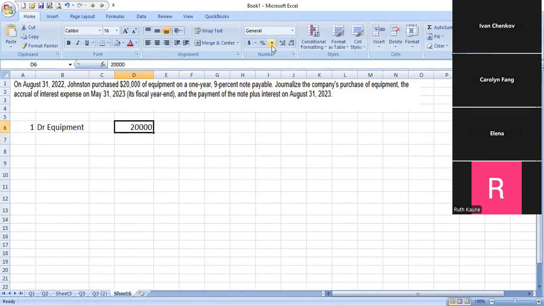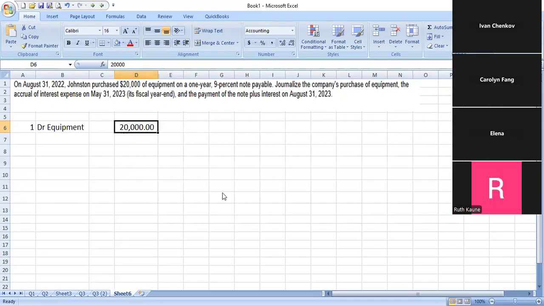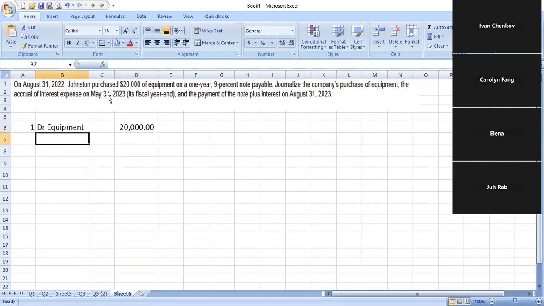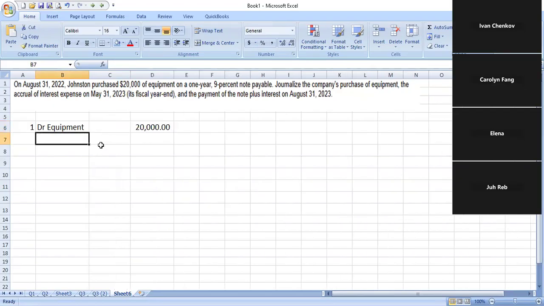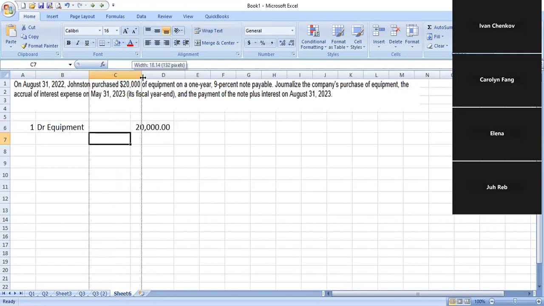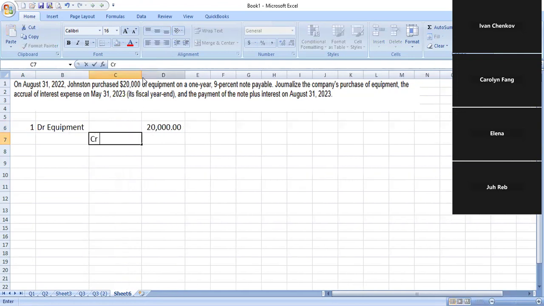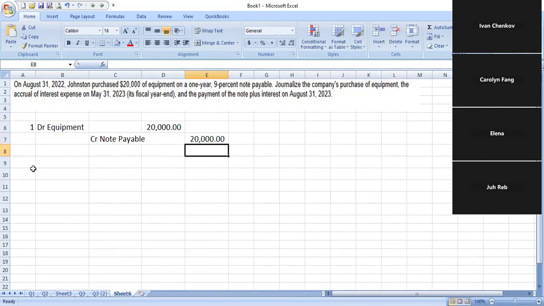Correct? Are you guys with me? Yes. Okay. Then we're going to have here credit. What will be credit? Note payable, with the same amount. That will be the first one.